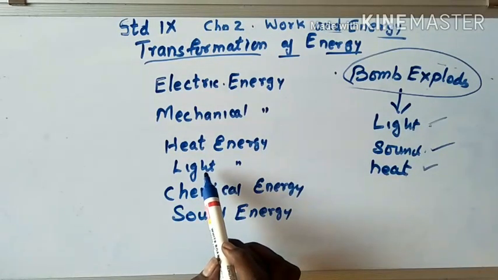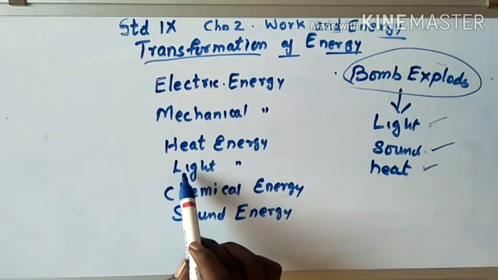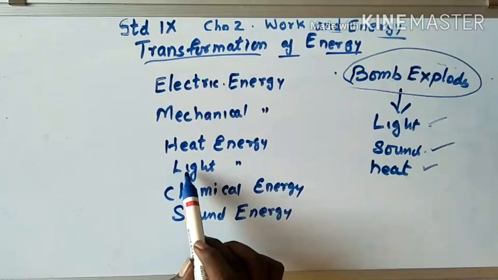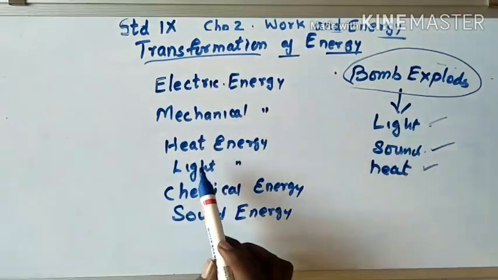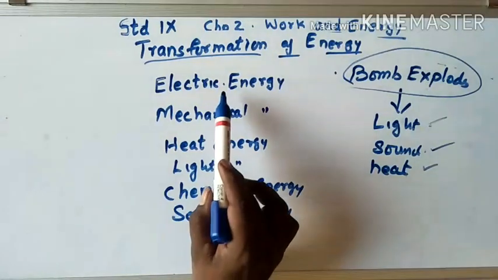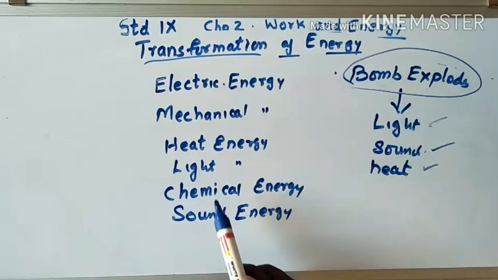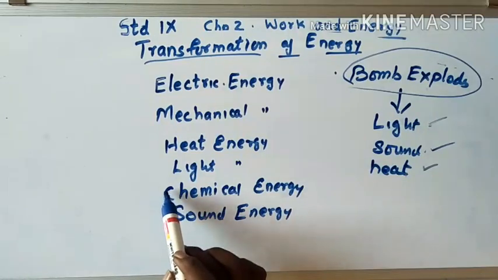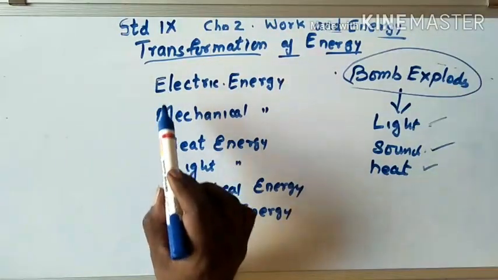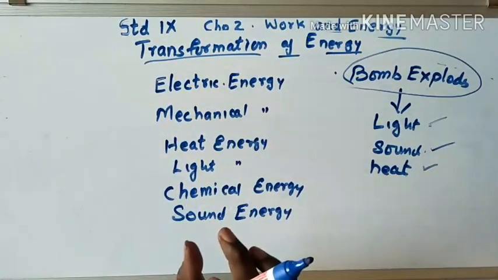Light energy can be converted into electric energy, for example a solar cell or photoelectric cell. Electric energy can be converted into light energy, for example an electric bulb. Chemical energy can be converted into electric energy, in your battery, your cell.